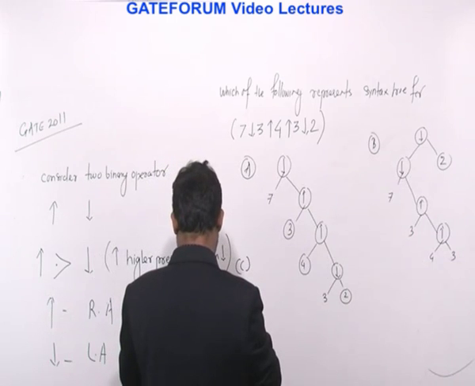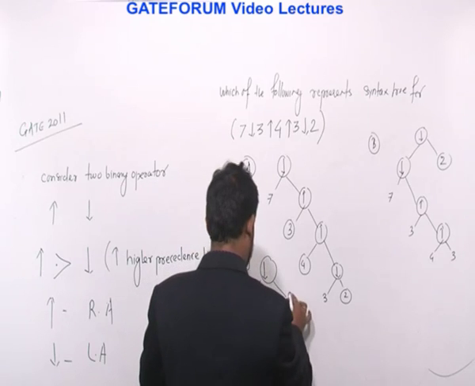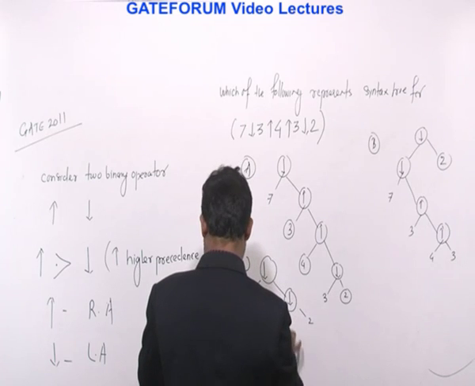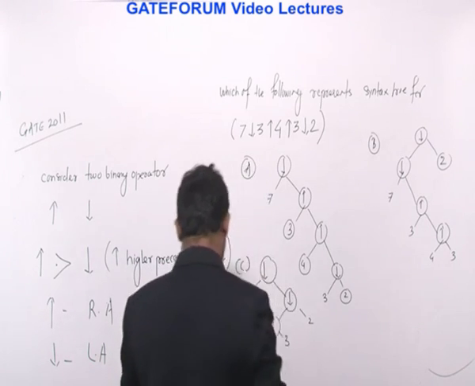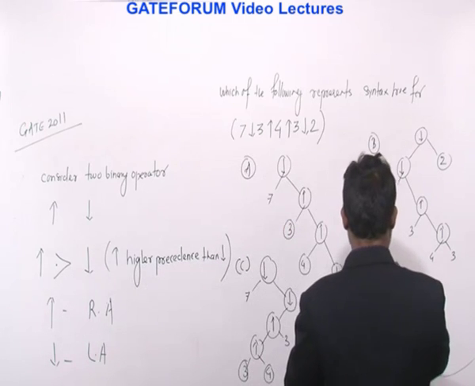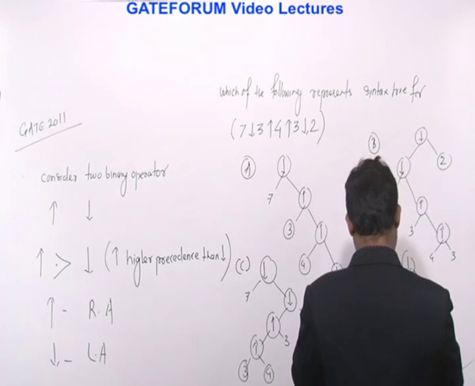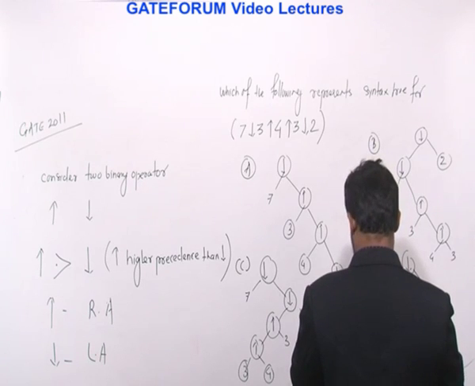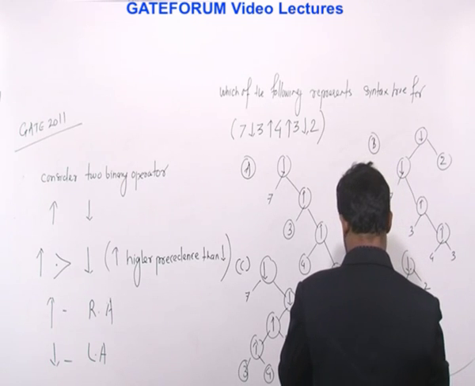C: down arrow 7, then down arrow 2, then an up arrow 3, an up arrow 3 and 4. We have option D, where we have a down arrow 2, then up arrow 3, then a down arrow, up arrow 4, then a down arrow 7, 3.